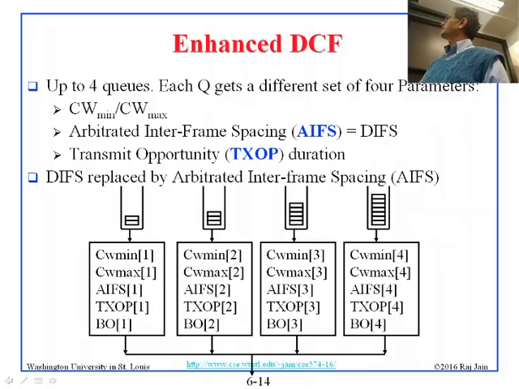So you have CW min is an array of 4. So this is the first value, the second value, third value, and fourth value. This is just an array. Similarly, everything is now an array. AIFS is an array, TXOP is an array, BO is an array. Any other question?